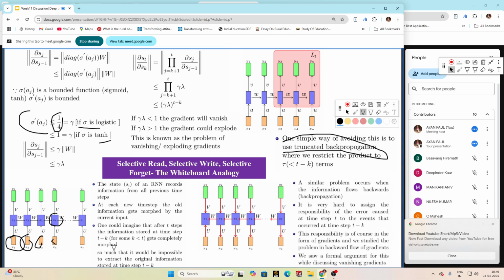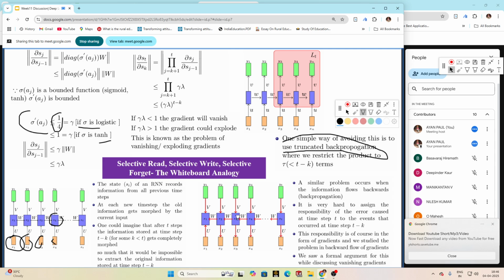A similar problem occurs when the information flows backward. That means whenever we are doing back propagation, a similar problem will occur. Why will it occur? In back propagation, the loss after the output should depend on each input layer.